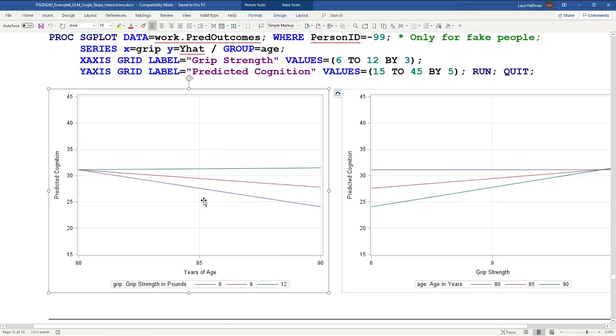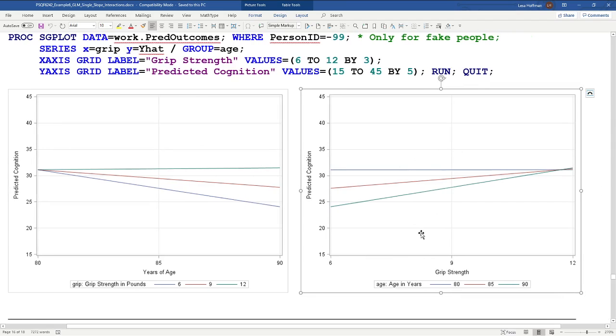My bad. So what this is showing is that the negative effect of age, so the slope of the red line is negative that we found at 85, becomes less negative as grip strength increases, and it becomes more negative as grip strength decreases. So to put it more colloquially, age matters less in people who are stronger. To emphasize the same interaction term from the opposite point of view, I plotted grip strength on the x-axis for age as the moderator instead.